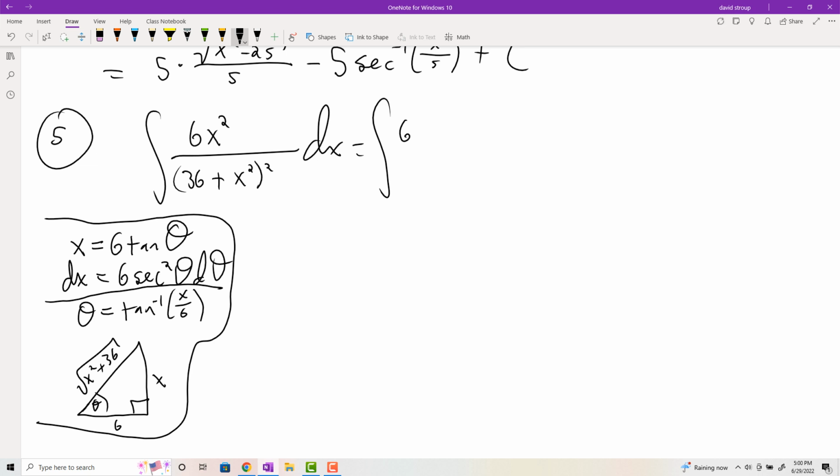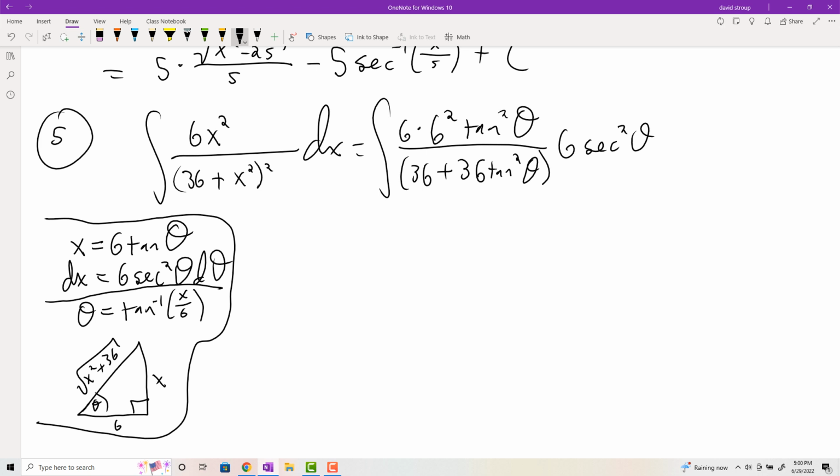I'll just write 6 times 6 squared, so I don't have to multiply out big numbers, is basically what I'm doing. That'll be all over 36 plus 36 tan squared theta. And then dx is 6 secant squared theta d theta.